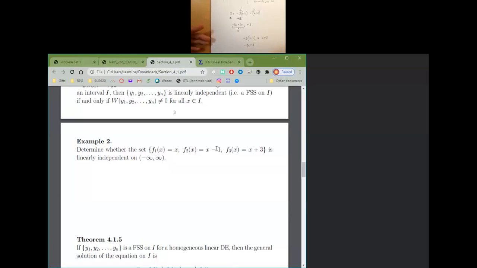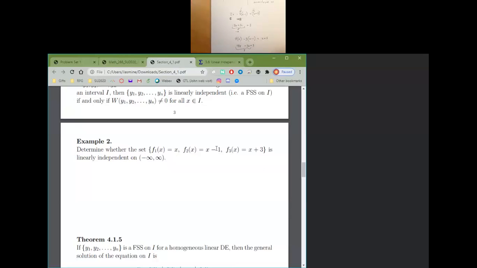Now, how many x's do I have to add to this to get x plus 3? I just need 6, right? I want 6. No, that's 3x. 4? Here we go. So if I have 4x minus 3x plus 3 will give me x plus 3.